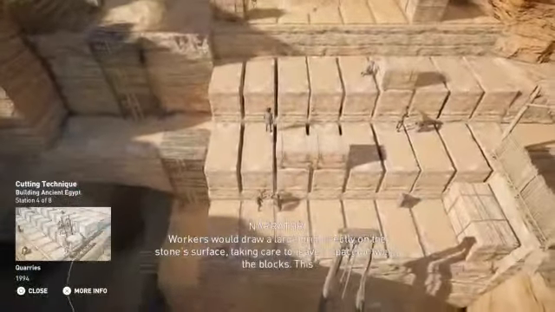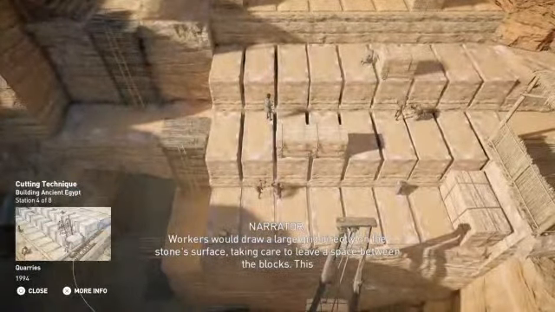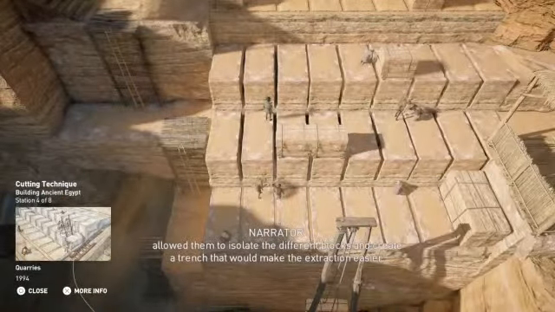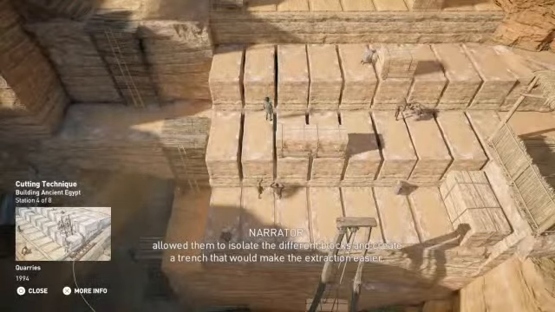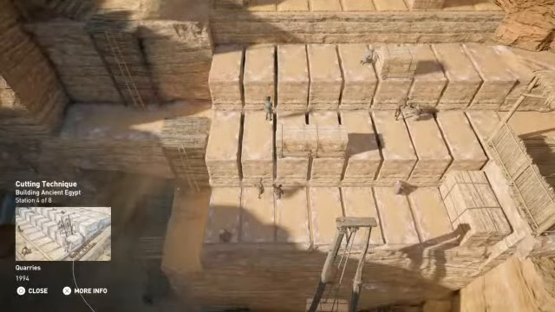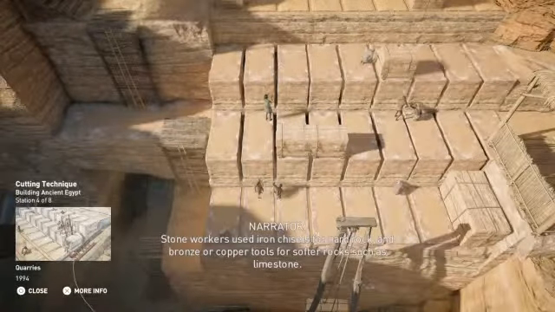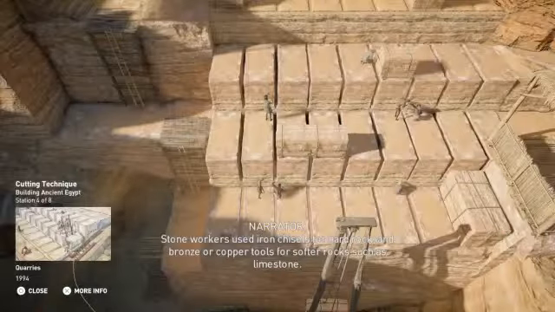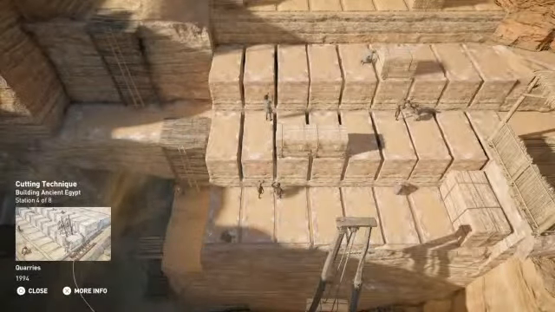Workers would draw a large grid directly on the stone's surface, taking care to leave a space between the blocks. This allowed them to isolate the different blocks and create a trench that would make the extraction easier. Stoneworkers used iron chisels for hard rock and bronze or copper tools for softer rocks such as limestone.